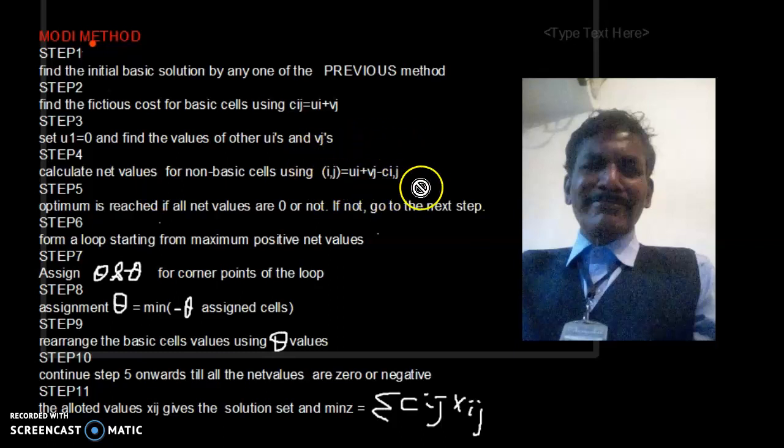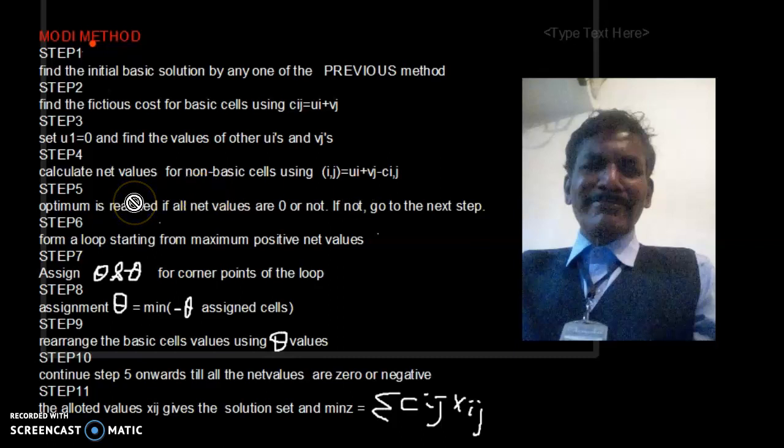Non-basic cells are cells in which we are not assigning products to transport from the production center to the destinations. So for non-basic cells, we find the net values using this formula, Iij equals ui plus vj minus Cij.